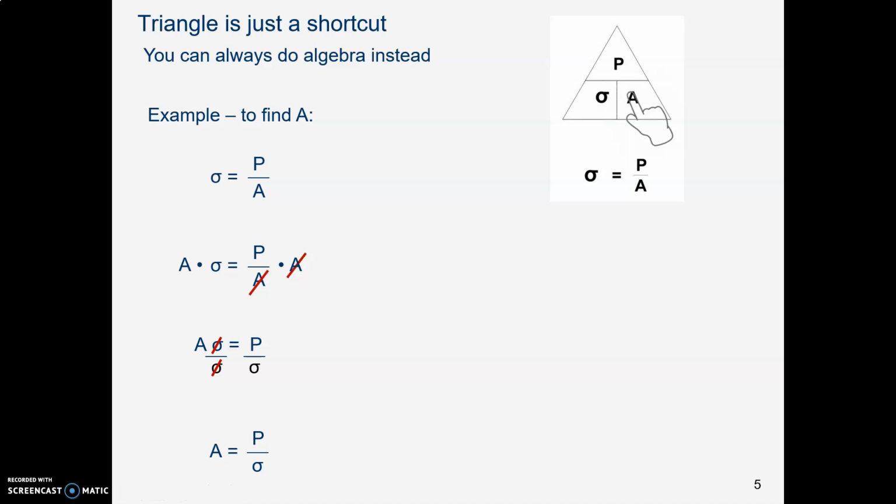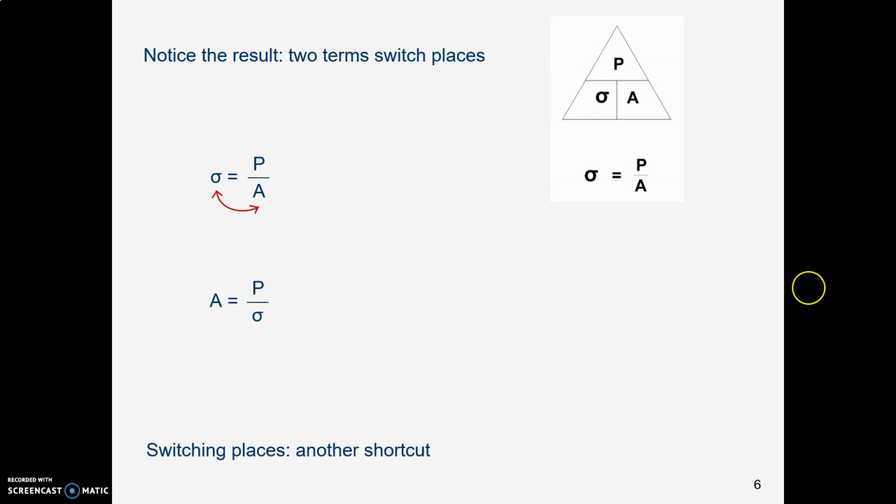Another shortcut I want to point out is that we started with our standard stress formula. Stress is force over area. And by the time we were done doing that algebra, we wound up with area equals force over stress. What the net result was is that these two terms just switched places.